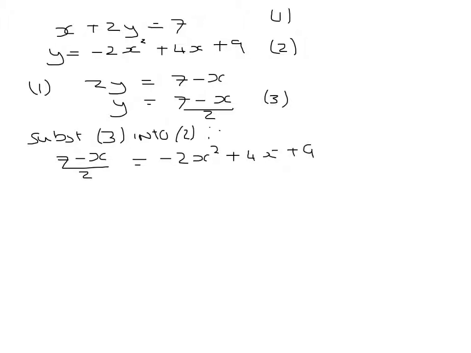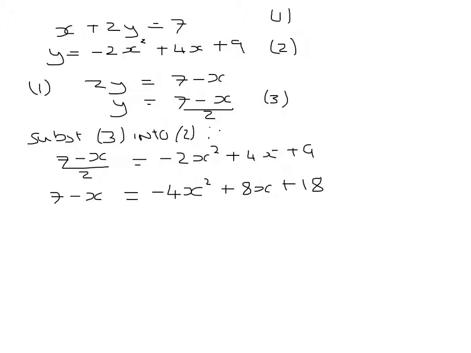Now, I don't know about you, but I don't much like fractions sitting there, so I'm going to multiply both sides by 2. So on the left we get 7 minus x. Now on the right we need to multiply every term by 2, so that becomes minus 4x squared plus 8x plus 18. That's because we're multiplying the side by 2, so every term gets multiplied by 2.